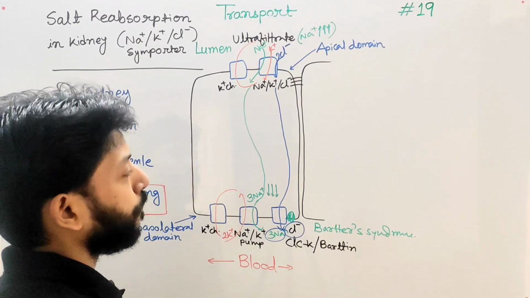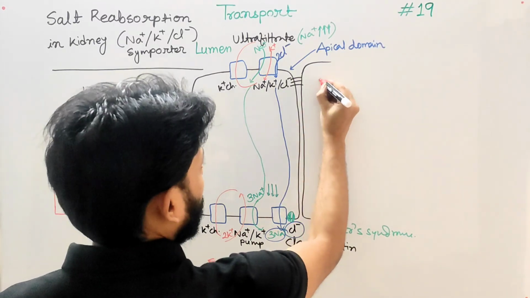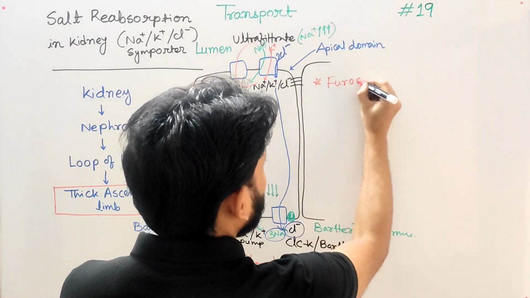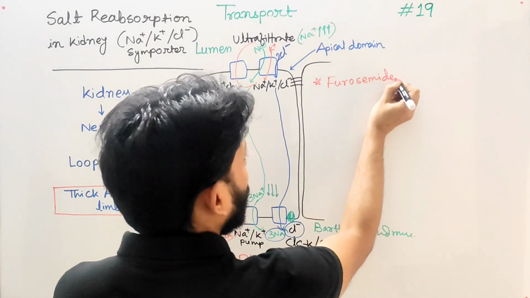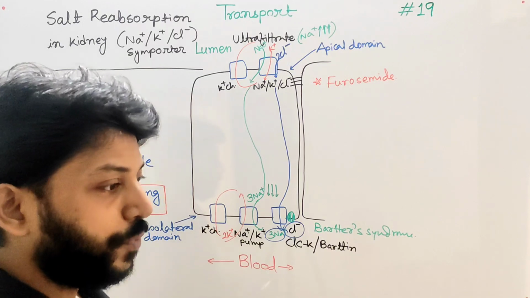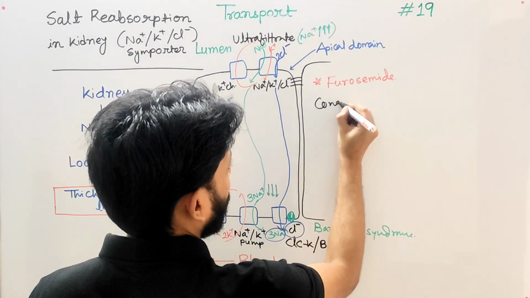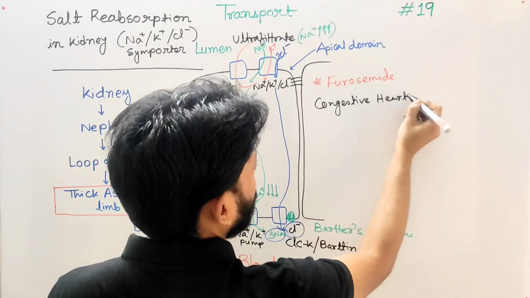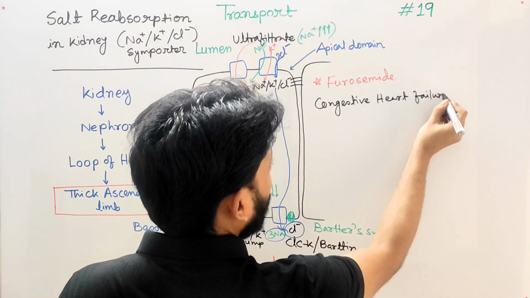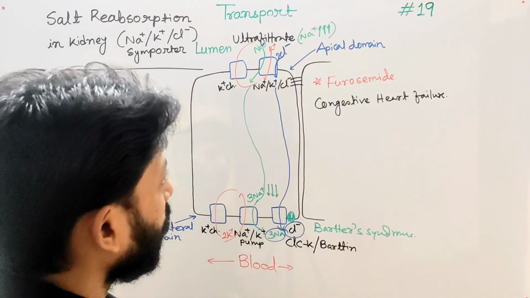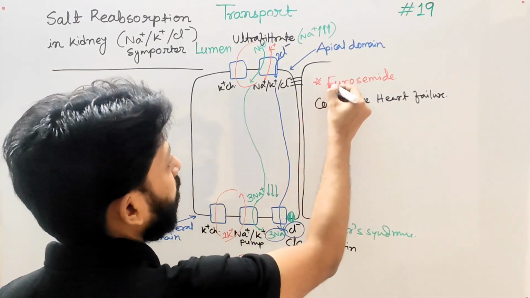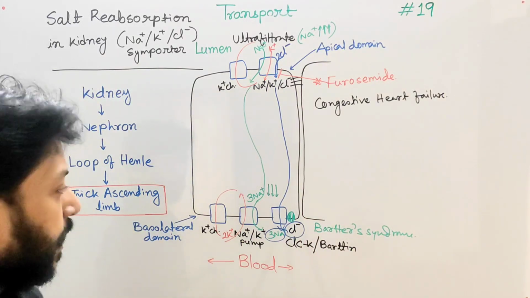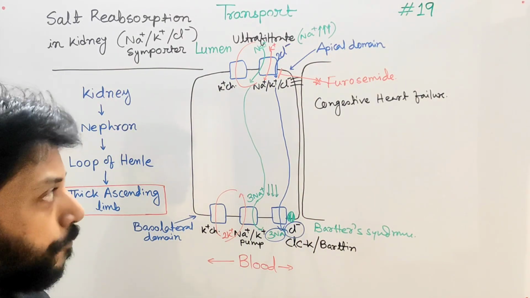Now I will mention one drug in this video that is called furosemide. Furosemide. Now this drug is used to treat congestive heart failure. Now why is this drug used? Because furosemide inhibits this sodium, potassium and chlorine Symporter present in the thick ascending limb.